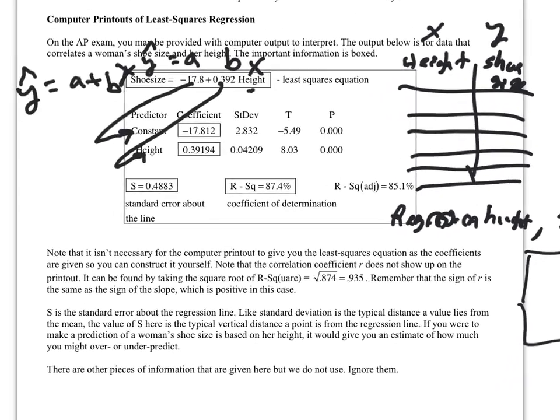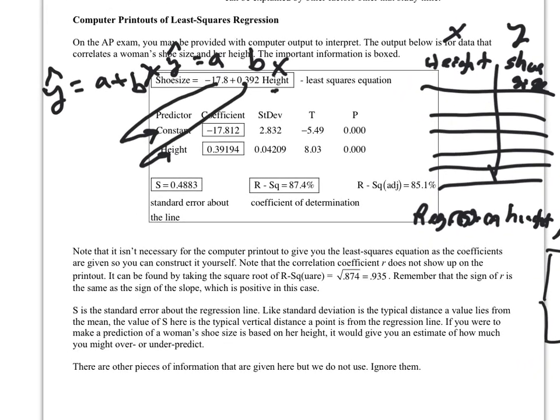It doesn't give you everything in the same way your calculator does. Sometimes it doesn't even give you this; sometimes you have to create this using this information here. There's a lot of information that we don't use. For instance, right now, you don't care about t-scores.